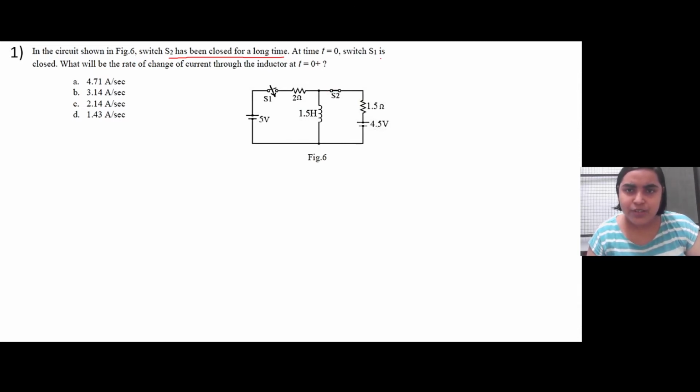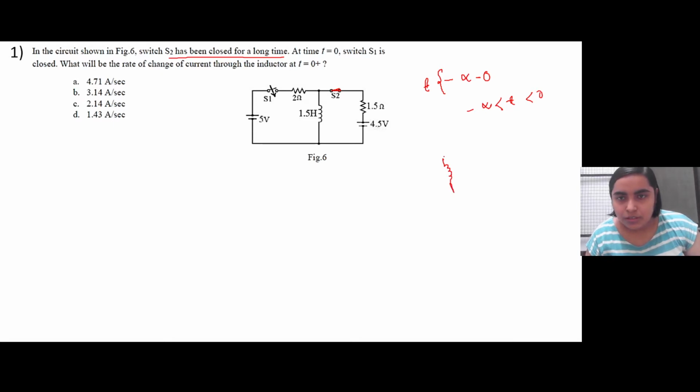At time t equal to 0, S1 is closed. So just check from time minus infinity to 0, that is to say t is less than 0. Only this particular switch has been closed, this was open.